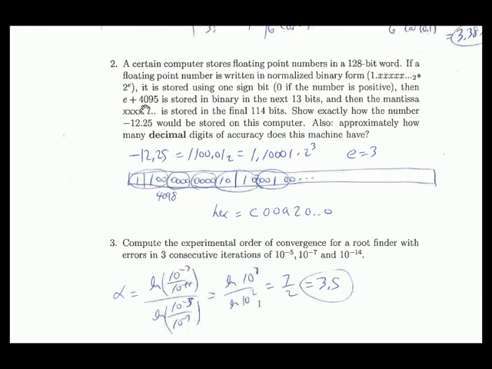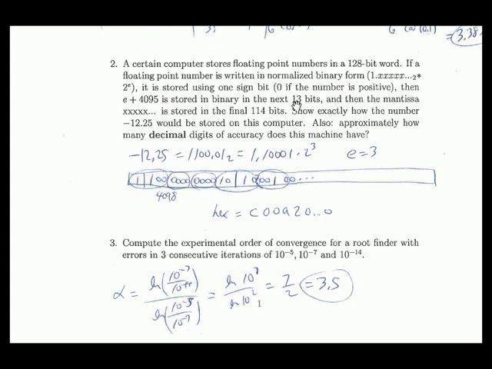But then the exponent is stored in 13 bits, and you add 4095 to it. And the mantissa is stored in 114 bits. So this computer is a whole lot more accurate than double precision. It has a 114-bit mantissa instead of 52, and it allows a little bit larger and smaller numbers. The exponent is 13 bits instead of 11.